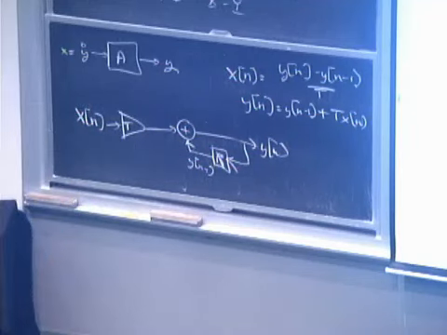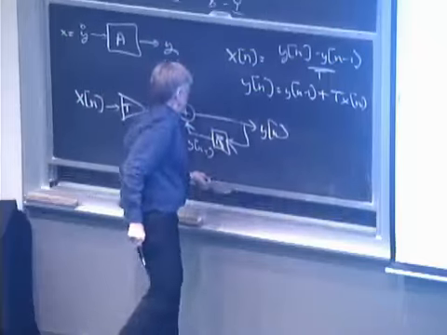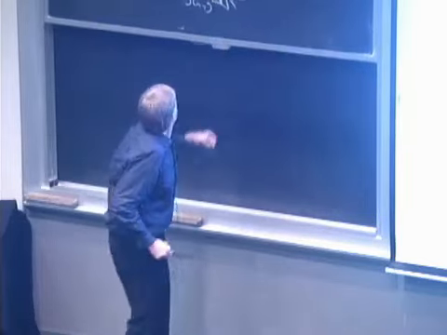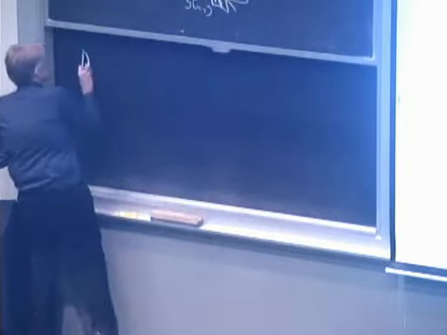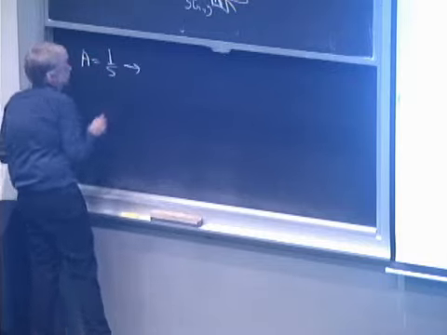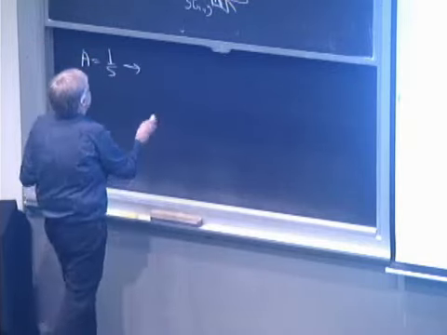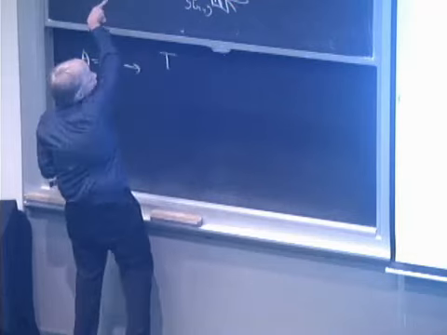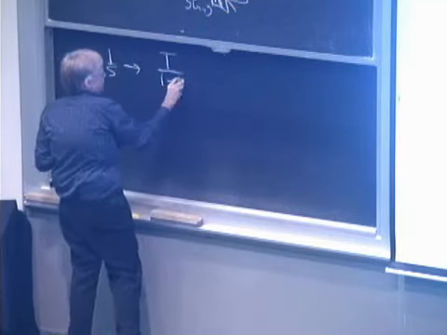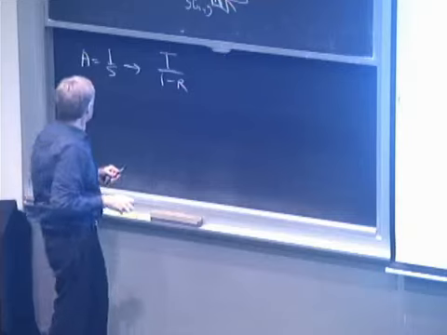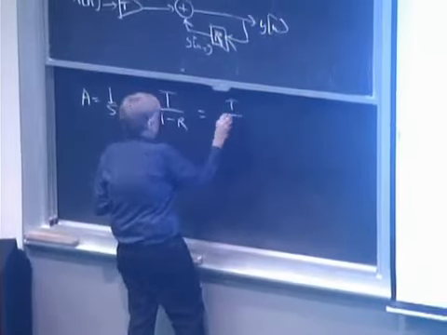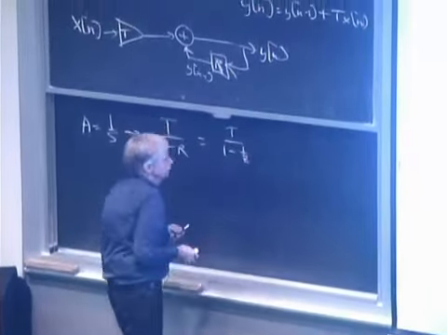It's almost the same, but the math is different, right? So now I'm replacing my A's, which are always 1 over S, with a system that looks like t going forward divided by 1 minus r in the bottom. So that's t over 1 minus 1 over z.